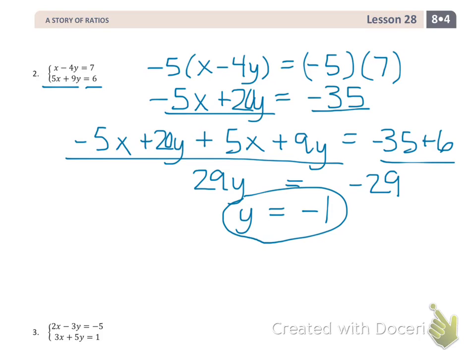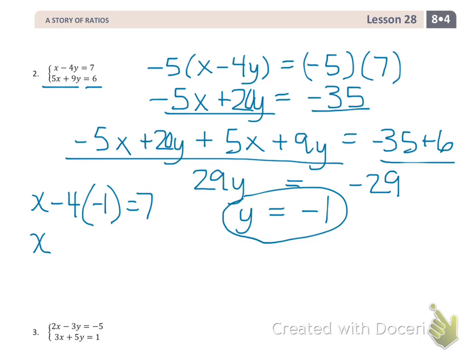But I want you to know that just because you get a fraction doesn't mean you got it wrong. These don't always come out nice. Okay, so if y is negative 1, I can take that back up into this first equation here, which is the simplest, and that's why I'm going to use it. X minus 4 times y, which is negative 1, is equal to 7.